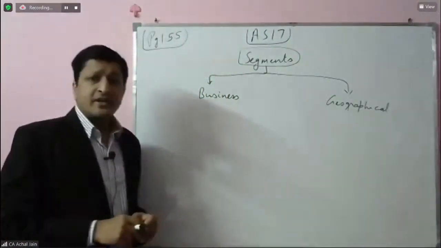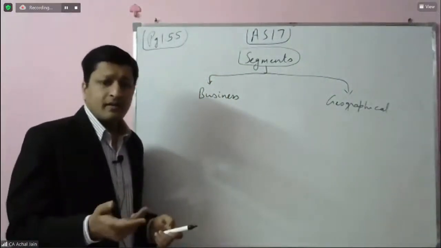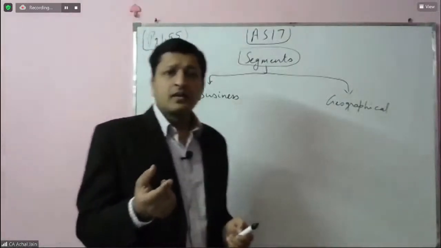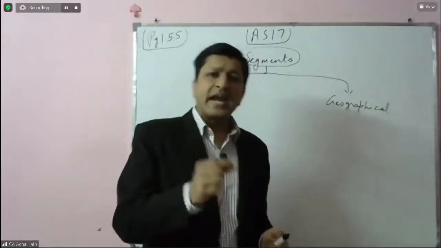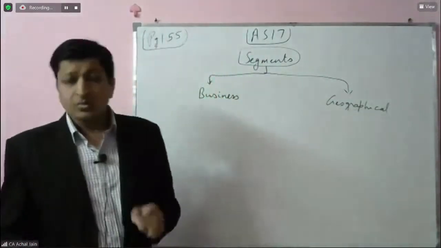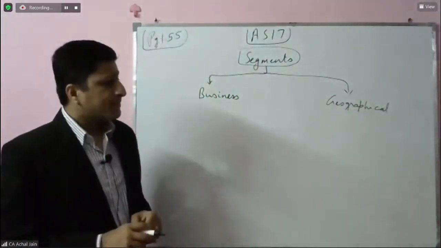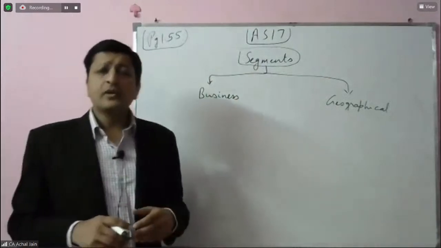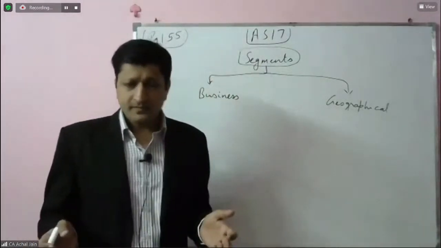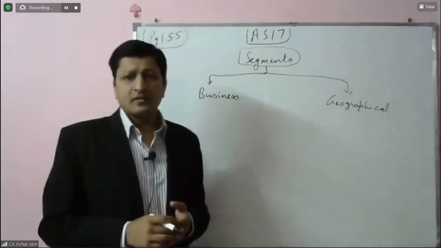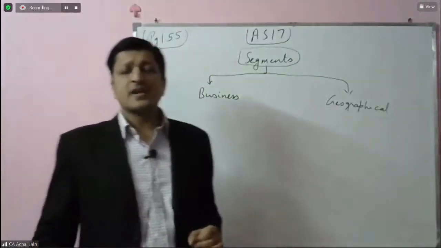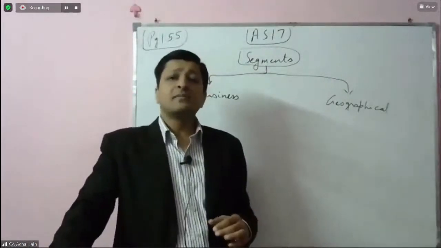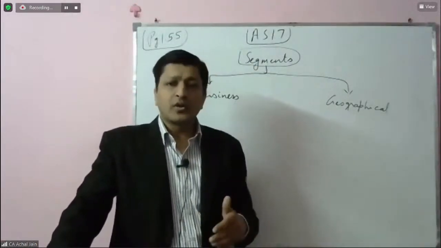Now what I'm trying to add over here is the assessment of primary and secondary segment. Now this is important. Why? Because whenever we look into our assessment, what do we need to check? We need to check that out of the business segments, out of the geographical segments, which all segments are reportable.